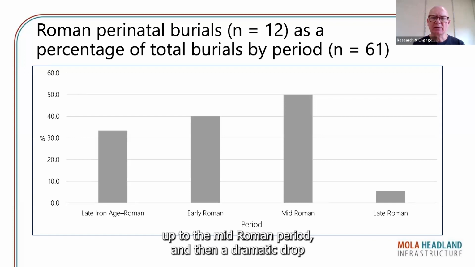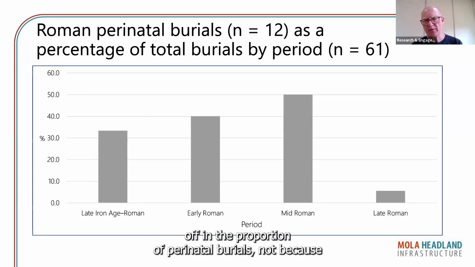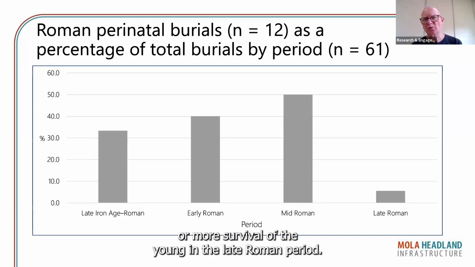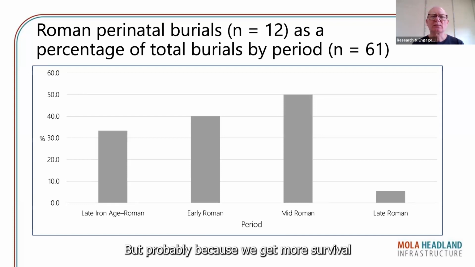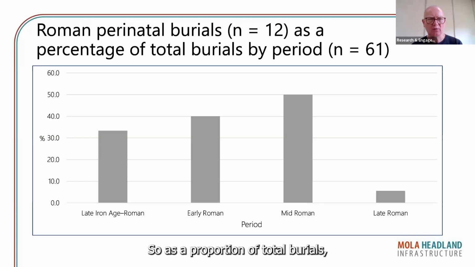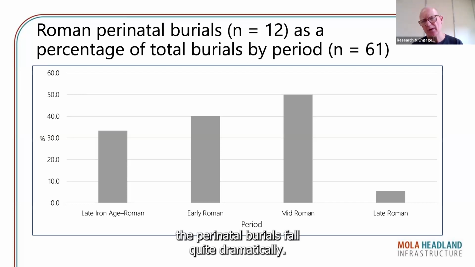And then a dramatic drop-off in the proportion of perinatal burials, not because there was better treatment perhaps or more survival of the young in the late Roman period, but probably because we get more survival and more evidence of adult burials in the late Roman period. So as a proportion of total burials, the perinatal burials fall quite dramatically.